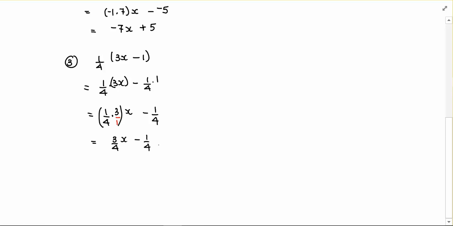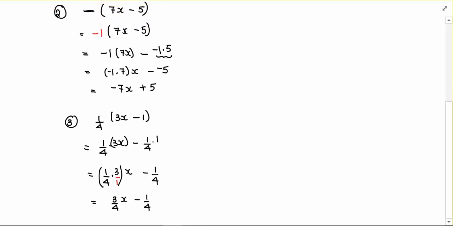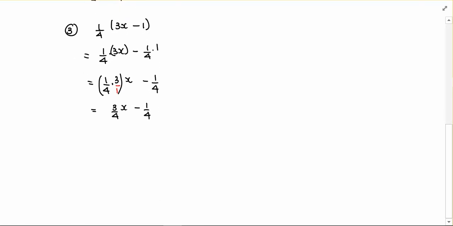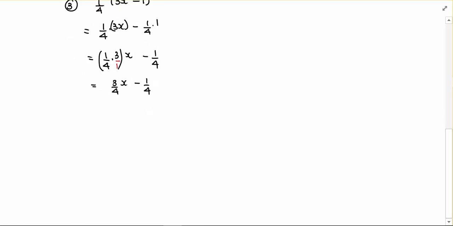So now that we have the basics of the distributive property under control, let's take a look at a more complex problem here. So example: this time we're going to go 8 plus 2 times 3x plus 7.